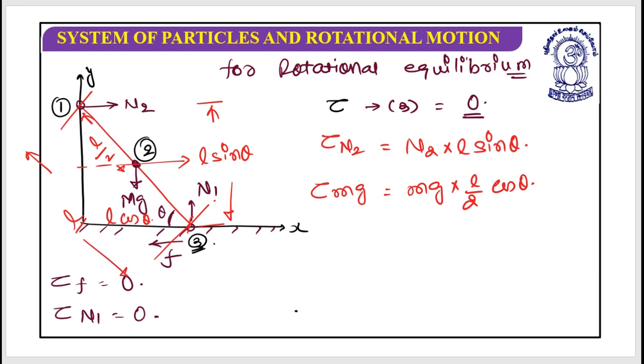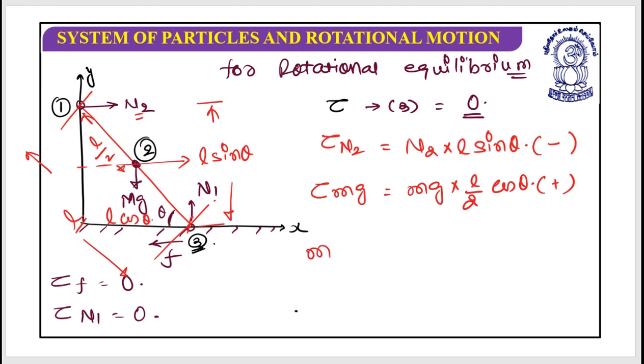Now is there anything left? No. So I need to find out the direction. The torque due to n2, in which direction? Yes, it is rotating in the clockwise direction, so this should be taken as negative. And mg is rotating in the anticlockwise direction, so this should be taken as positive.